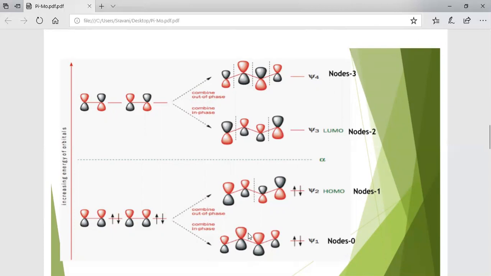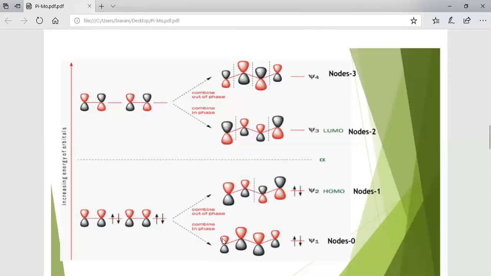All the lobes above the plane are with positive sign, and all the lobes below are with negative sign. So all show in-phase combination, that is constructive interference. Here all are showing bonding interactions.